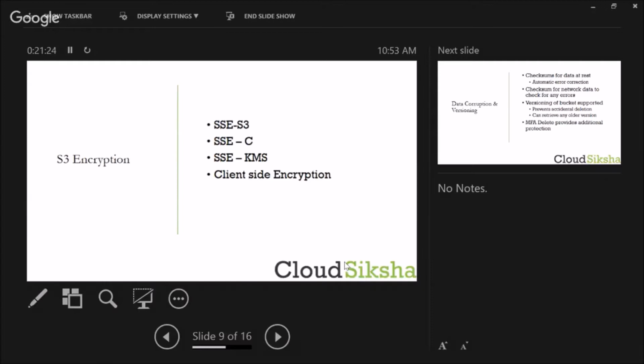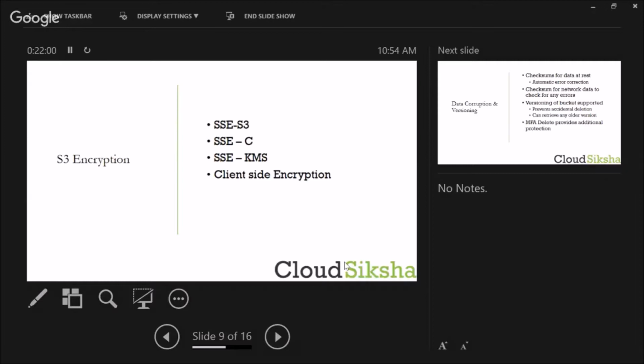Then that means server-side encryption. S3 means server-side encryption using S3 keys. SSE-C means server-side encryption using client keys. So you have your keys in your own infrastructure, in your own say data center, and you provide the keys to S3, and S3 will use the keys. Now, keeping the key safe is your problem. It's your responsibility. Whereas in the case of S3 keys and KMS, Amazon takes care of keeping the keys safe for you.